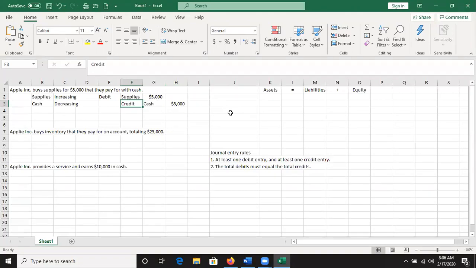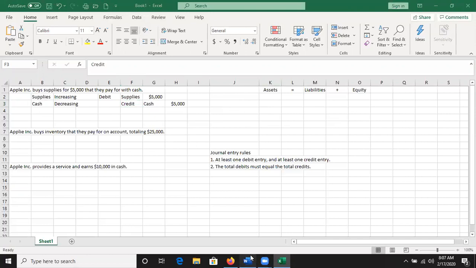Now, just to show, remember the accounting equation from the very first topic of this class: assets equals liabilities plus equity. After every single journal entry that is ever created, this accounting equation must still remain in balance. So when we debit supplies, they're an asset account.